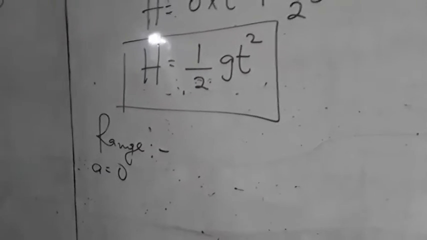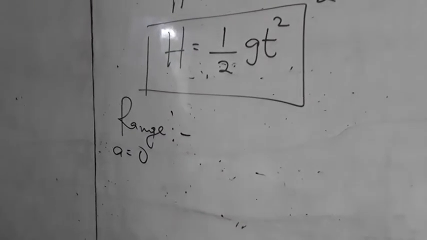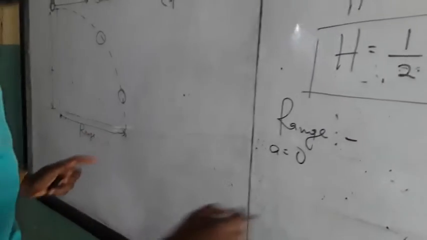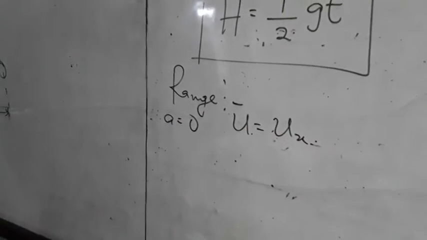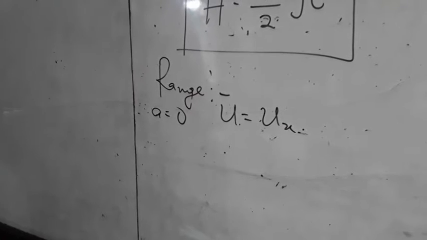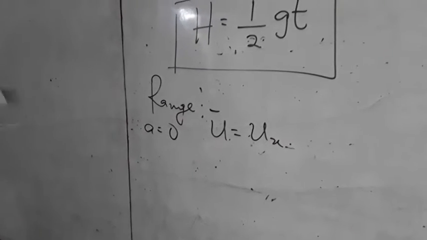We are still going to be using that same formula. At this particular point, what is left constant? Your U becomes your Ux. Because I told you that the horizontal component there is constant throughout. So let us put it there.